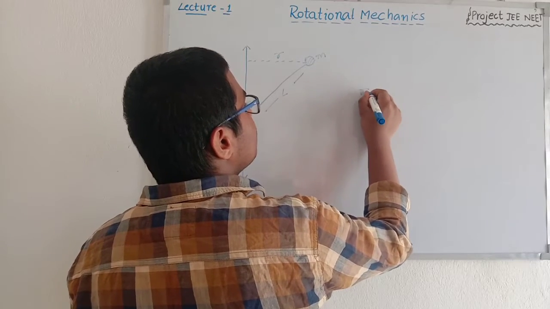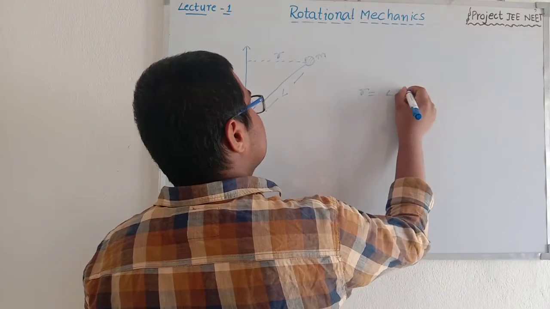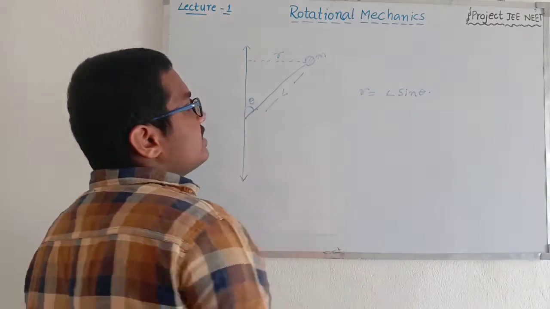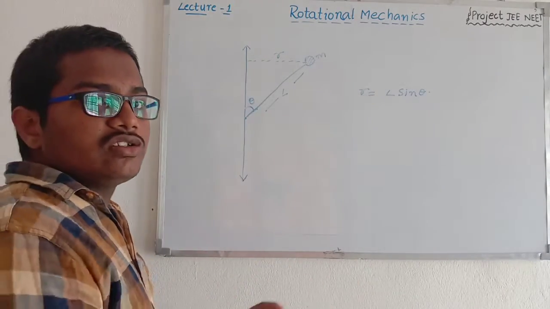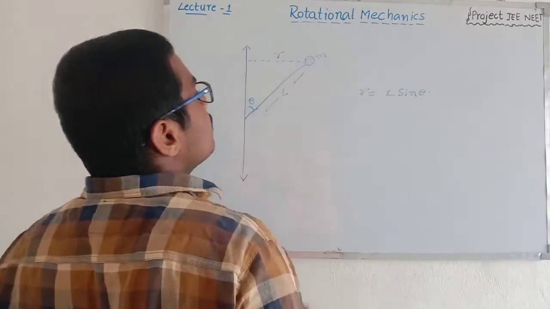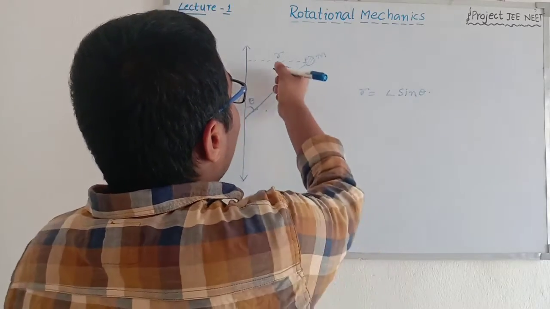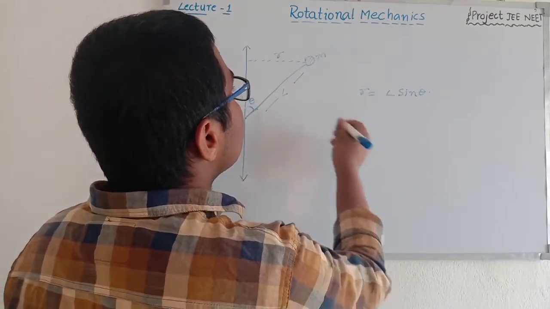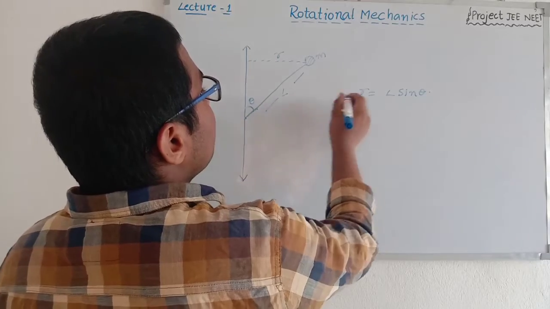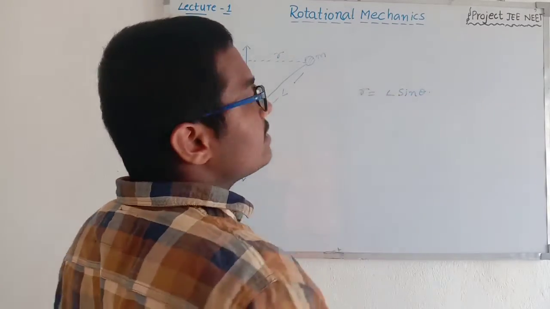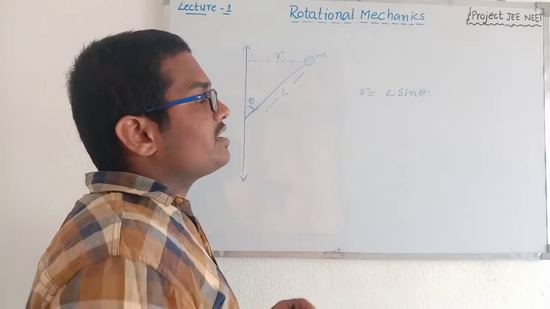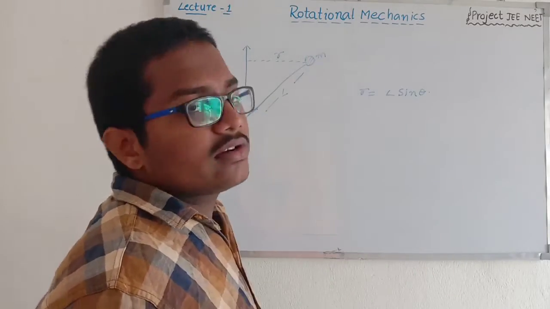R is equal to L sin theta. According to the resolution of vectors, R is equal to L sin theta, or sin theta is equal to R by L, and R is equal to L sin theta, which is basic trigonometry or the resolution of vectors as well.